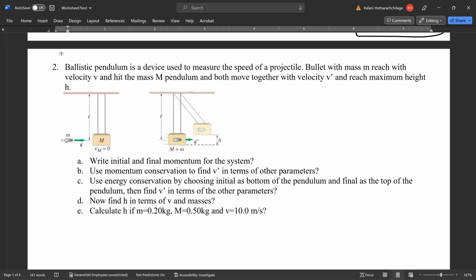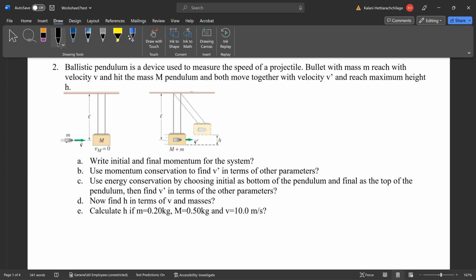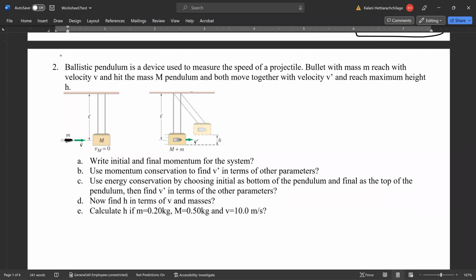Okay, so let's read the question. We need to measure the speed of the projectile. That means the purpose of calculating V in this question. A bullet with the mass M reaches with the velocity V and hits the mass M pendulum. You can see this is the bullet here, right? That's the bullet. And then you have the pendulum, that is the uppercase M.